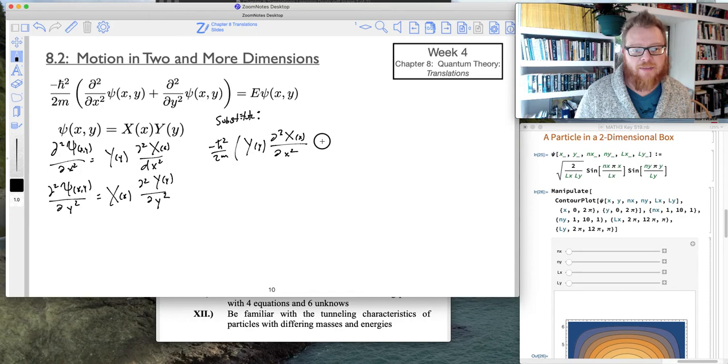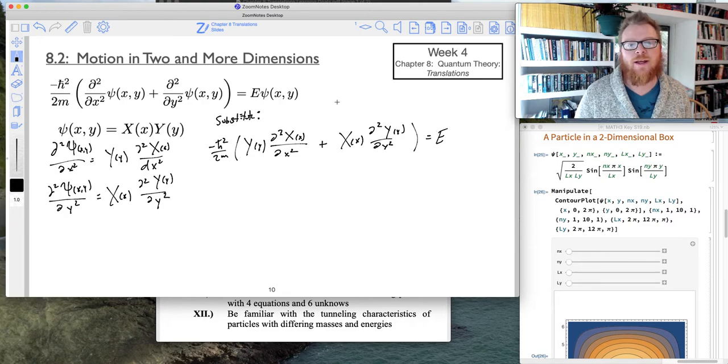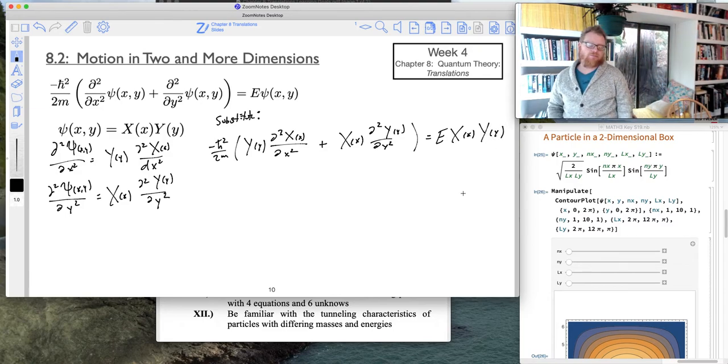Great. And then now plus, here is the y term, and I can write that now in terms of this separable solution, the partial in y squared, right? And then now, of course, that's still all going to be equal to E psi, but now instead of writing it as E psi, I'm going to write it as E times X of x times Y of y, okay?